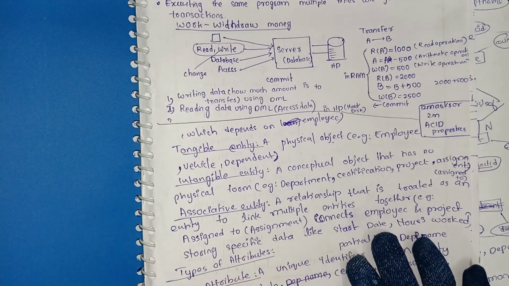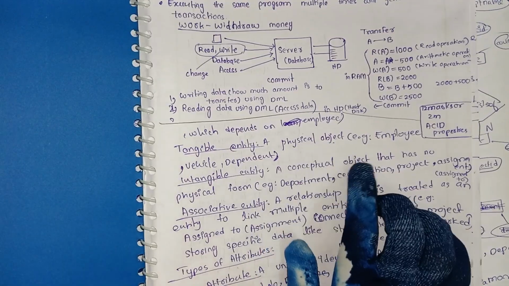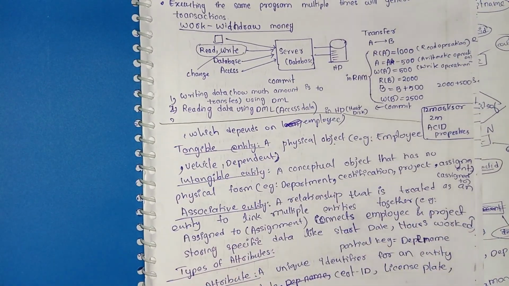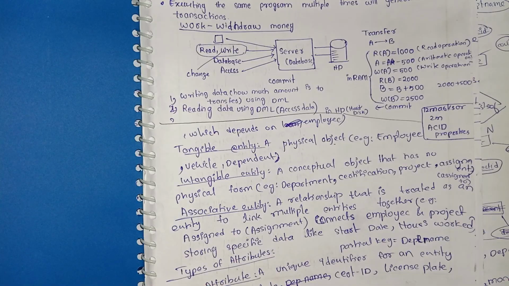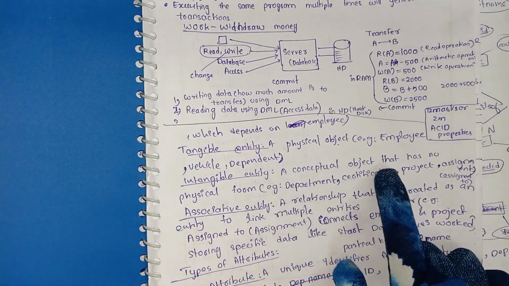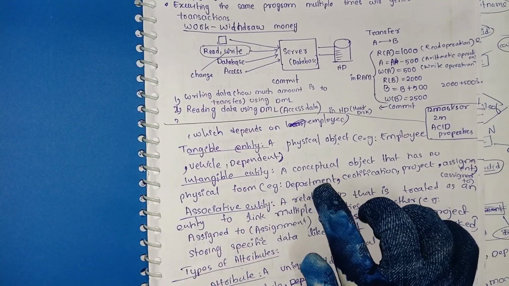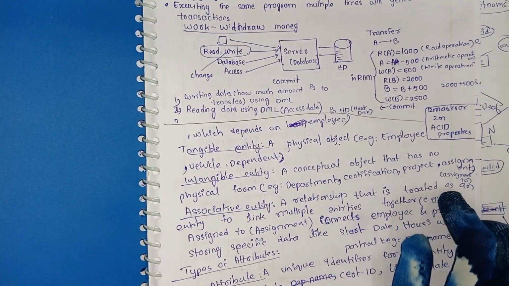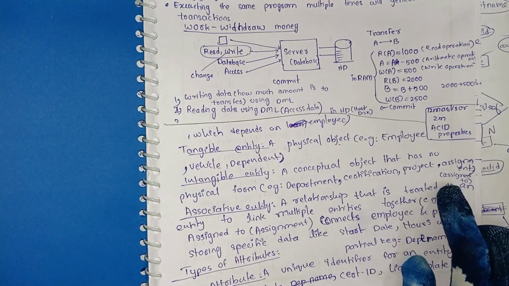So here in the diagram, tangible entities are employee, vehicle and dependent, which physically exist in the world. And intangible entities are conceptual objects that have no physical form, like department, certification, project, assignment, okay, or assigned to.